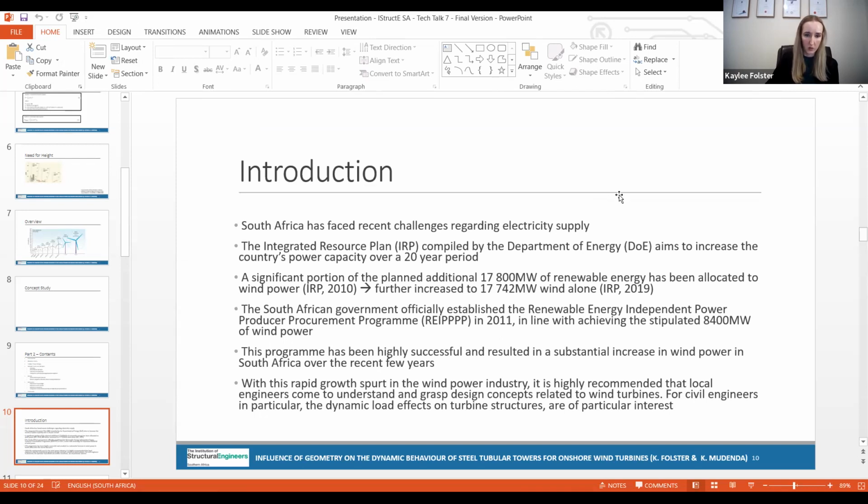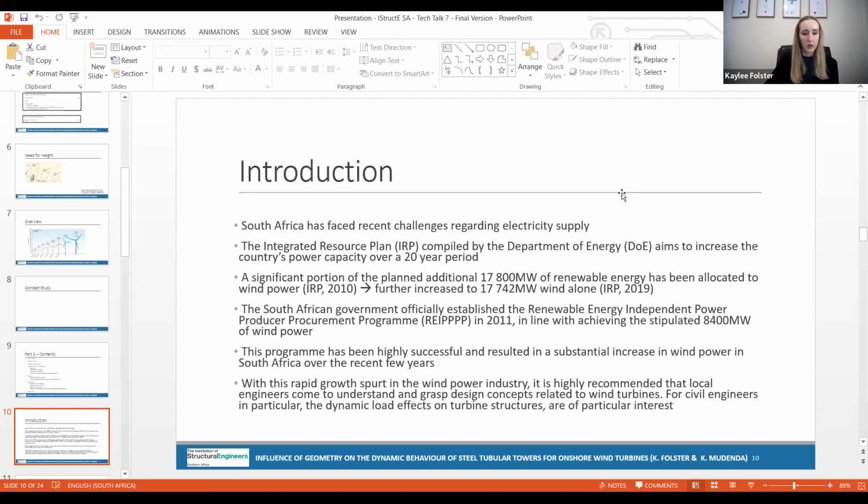In the 2010 IRP, the total renewable energy allocation was around 17,800 megawatts. And by 2019, in the latest IRP, wind alone was given an allocation of about 17,800 megawatts.